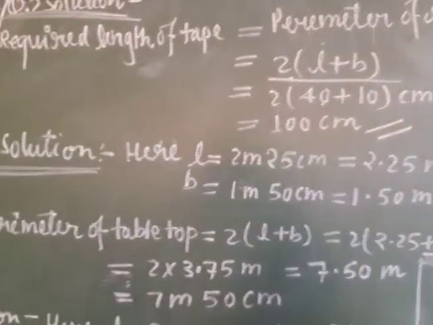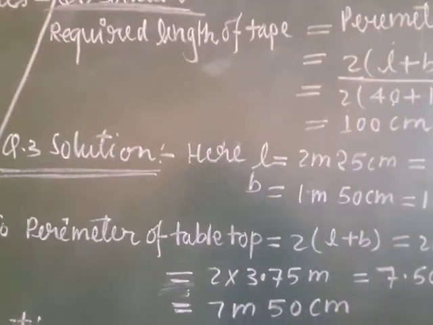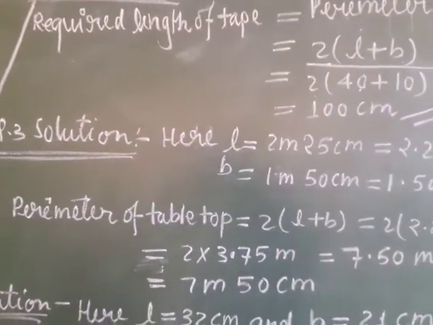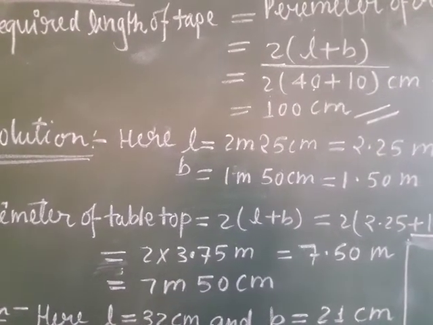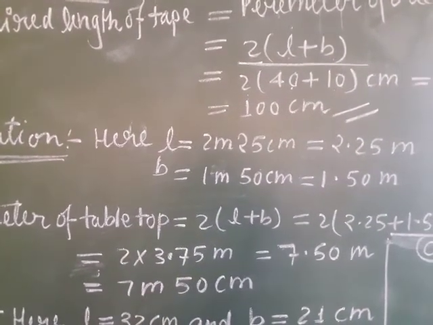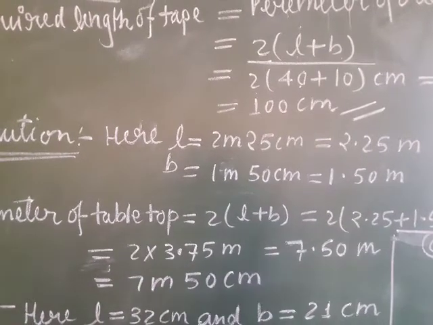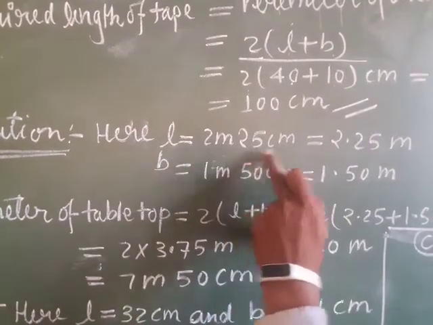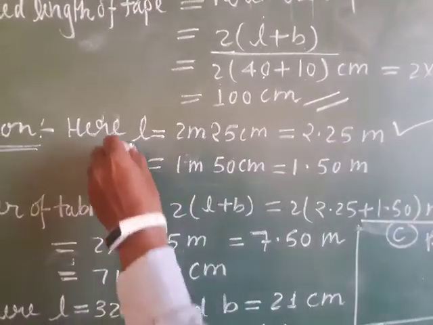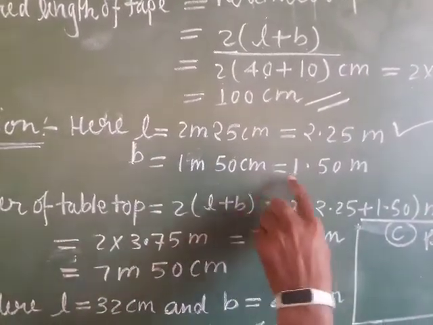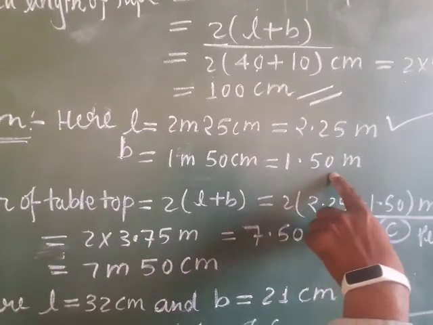Now going to the question number 3. A table top of measure 2 meter 25 centimeter by 1 meter 50 centimeter. What is the perimeter of the table top? As we know, L is given 2 meter 25 centimeter, converted into meter 2.25 meter, and breadth is given 1 meter 50 centimeter, so it will be converted to 1.50 meter.